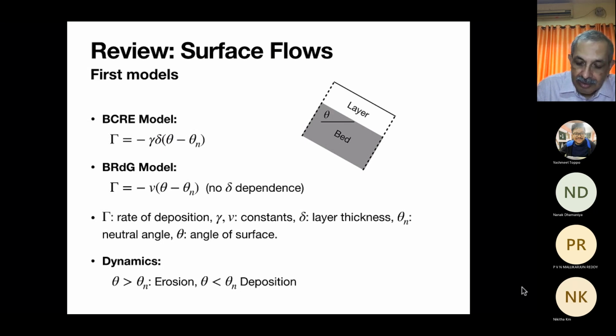However, if theta is less than theta_n, that means the angle is less, maybe the angle is 0, then particles will keep on depositing and the angle will keep increasing until you hit theta_n, which is just the neutral angle.